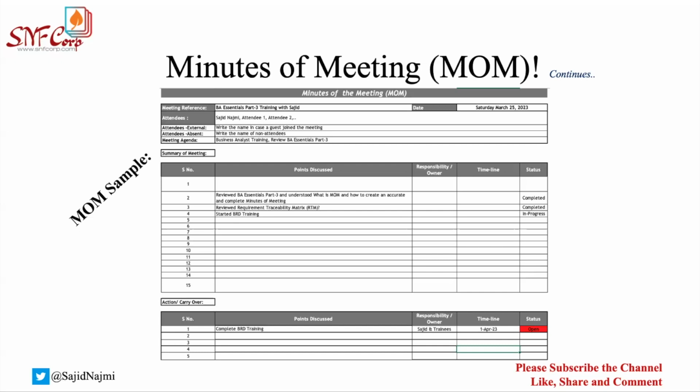Now, who is the owner? Who is responsible for this action? Sajid, that is me, will be the ultimate accountable person, as I have to teach you guys, and you will always be accountable and one of the owners, as trainees. If you do not join the meeting, if you do not show up, I will not be able to complete this training. So we all are the owners of this action. Whatever points you're getting during your meeting, you will see who will be the right person to work.